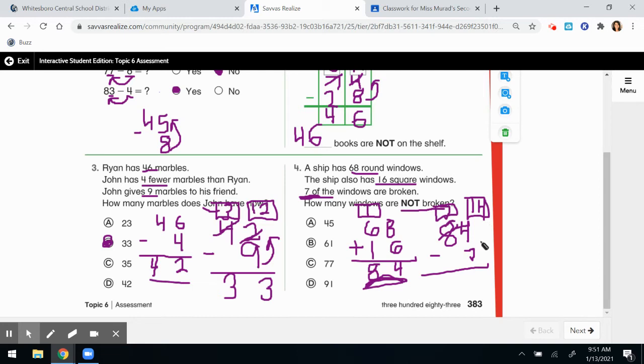Now I can subtract. 14 minus 7 is 7. And 7 minus nothing is 7. So your answer would be 77 windows that are not broken. Feel free to pause and catch up if you need to.